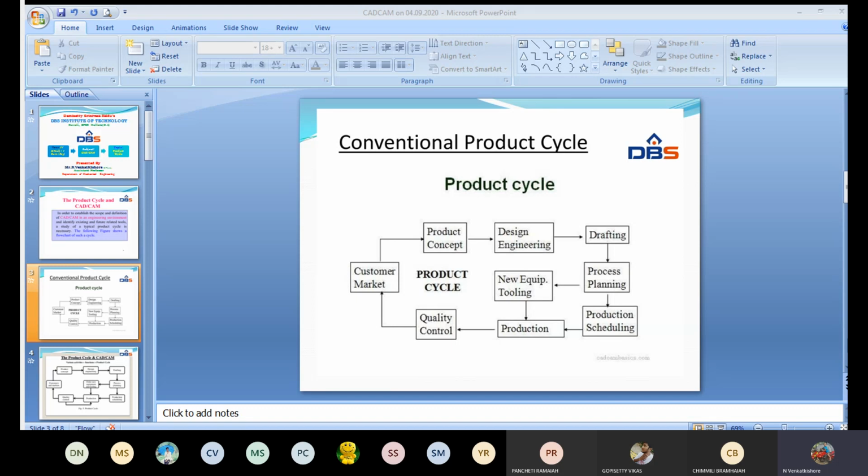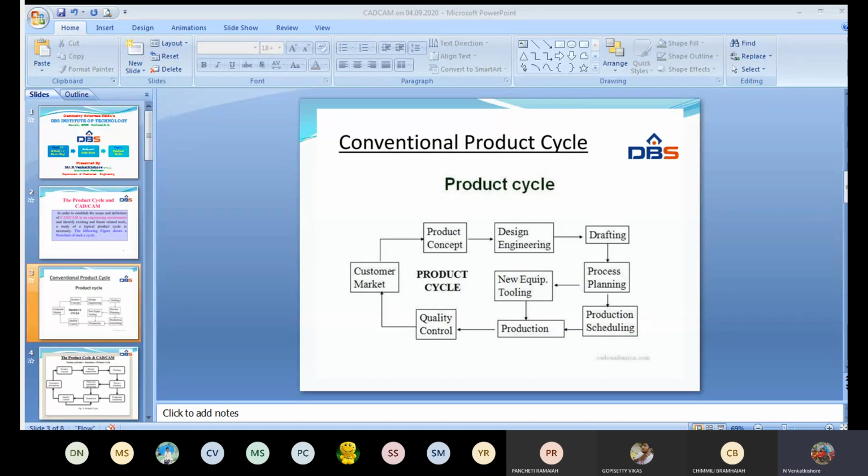Suppose any new equipment is required: we have developed a new concept, so for the new design we have to go for new equipment if required, to manufacture the particular design. So the process plan is formulated which specifies the sequence of production operation requirements to make the product.